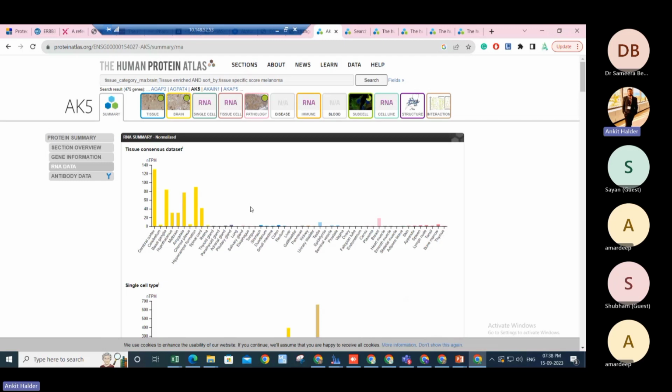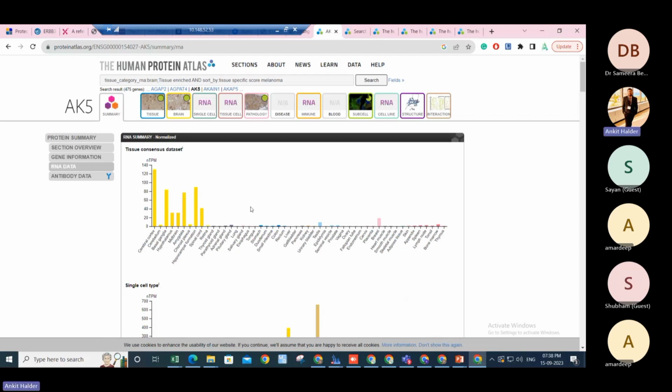So in the Human Protein Atlas, one thing is that if you are trying to find any target for a drug or for anything, you can go and find out what the specificity level is and what the expression level is across the tissues.